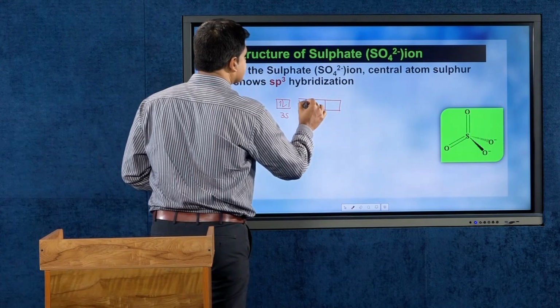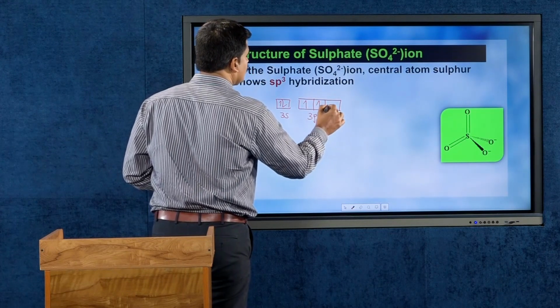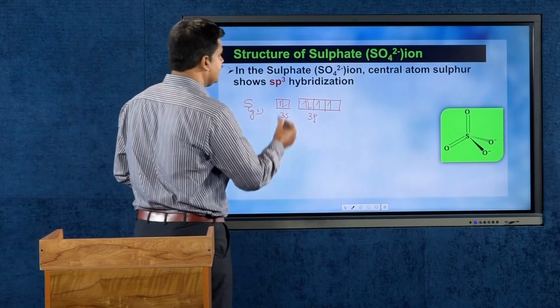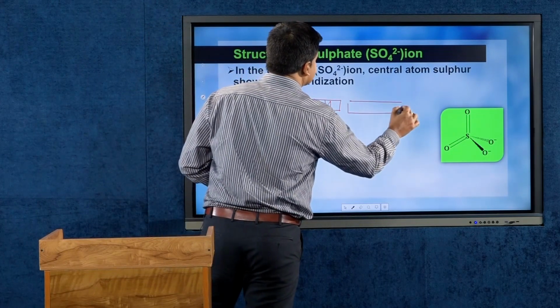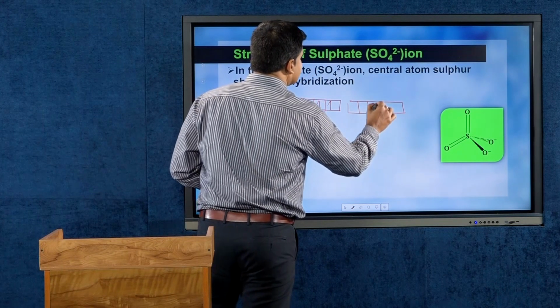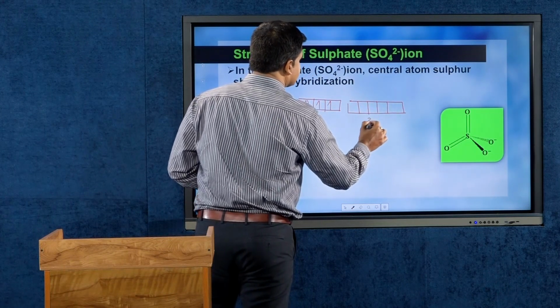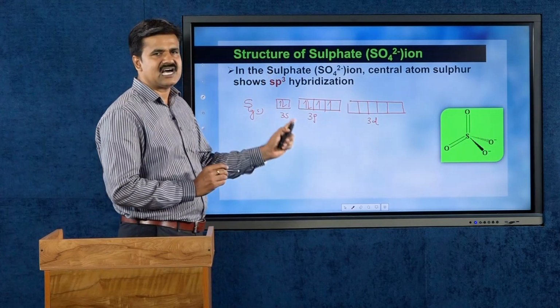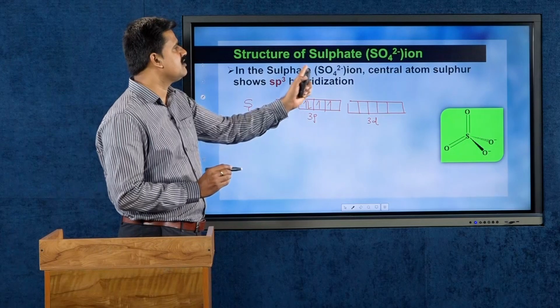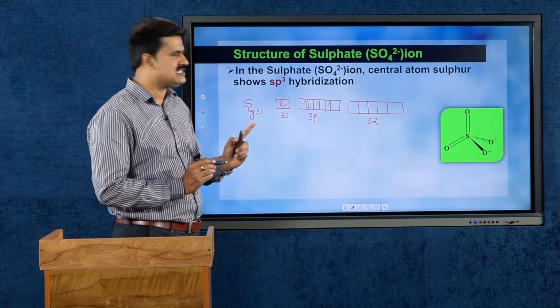This can be represented like this: 3p1, 3p2, 3p3, 3p4, 3s2, 3p4, and there will be no electrons in the 3d orbitals. There are 5 3d orbitals. That is, this is the ground state electronic arrangement of sulfur in sulfate ion, SO4 2 minus.